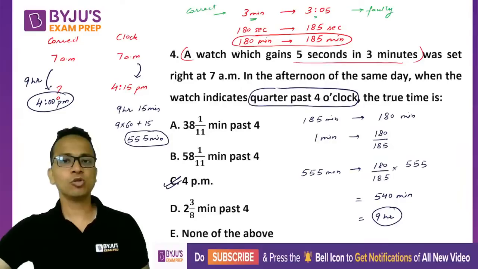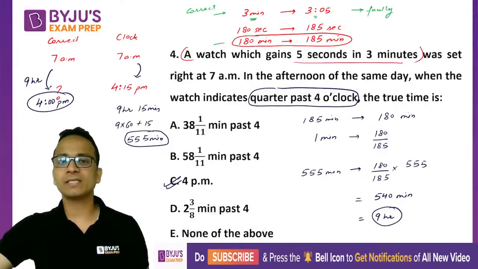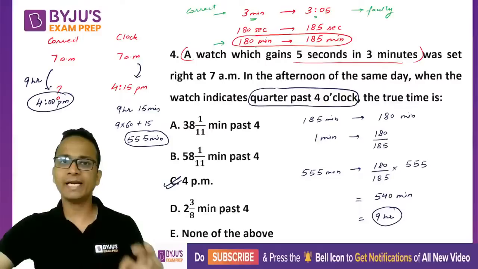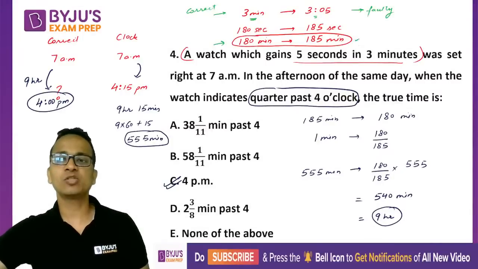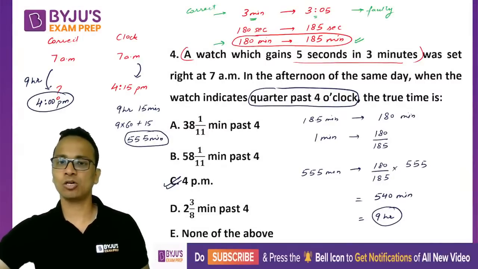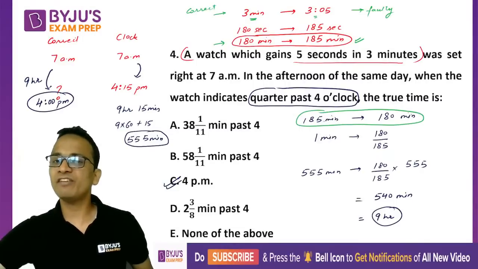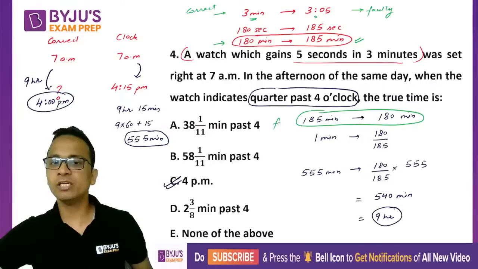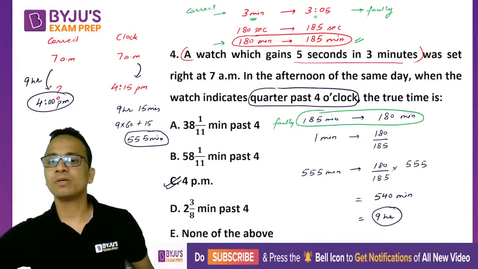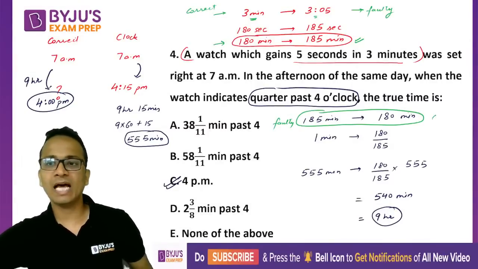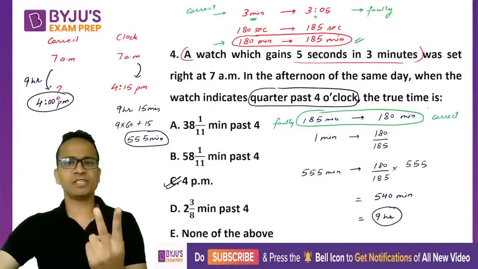So for every 180 minutes that elapse correctly, 185 minutes will elapse in our clock. This is what I have written. When 185 minutes elapse in the faulty clock, 180 minutes will elapse correctly. I just reversed it and wrote it.